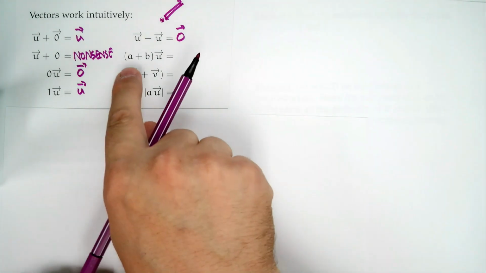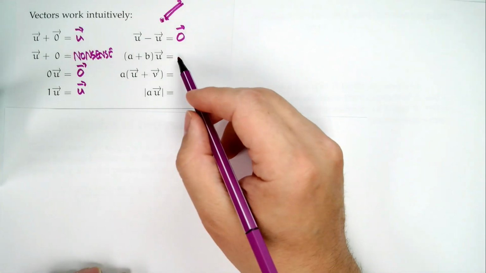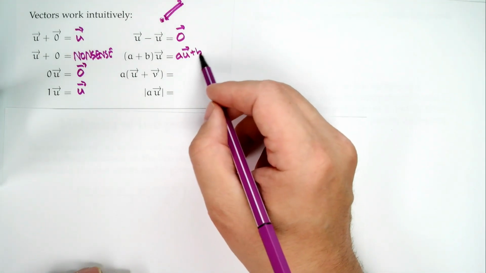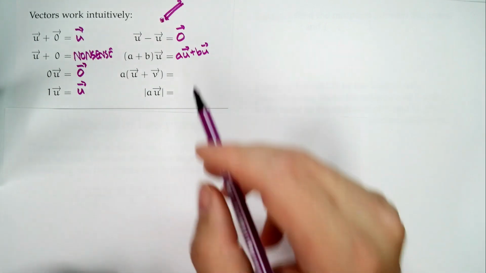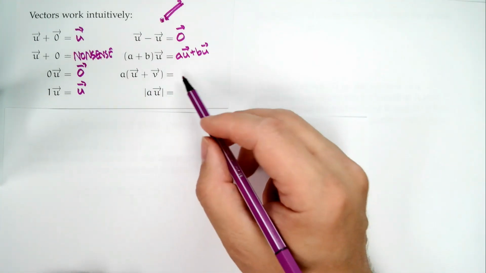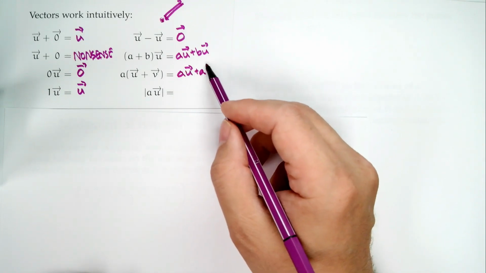If I take a plus b, and I use that to scale u, it turns out that this is au plus bu. And that's very simple. You can verify it using component form. Similarly, if I have the vectors u and v combined and I scale by a, that's au plus av.